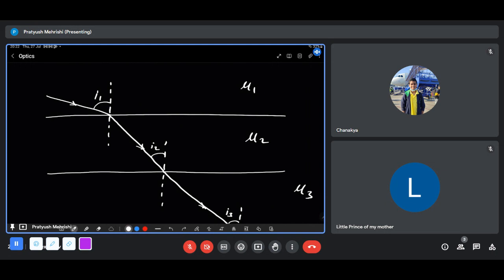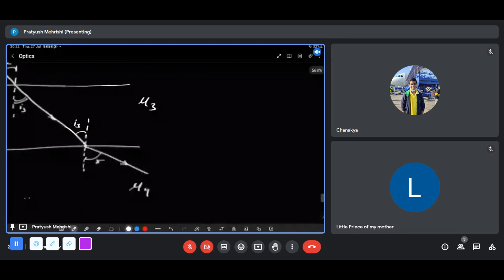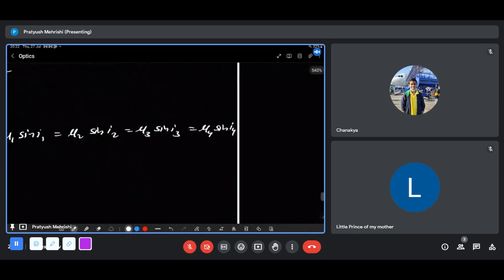Now, applying Snell's law at each and every interface, we will get mu1 sine I1 equal to mu2 sine I2 equal to mu3 sine I3 equal to mu4 sine I4. Let it be I4, okay?